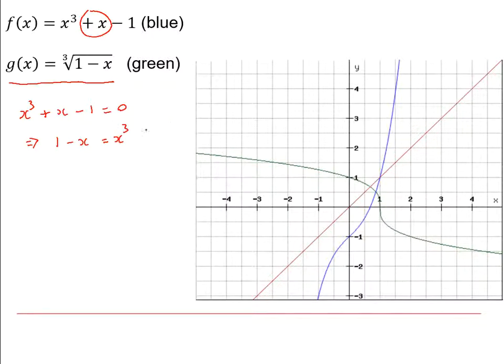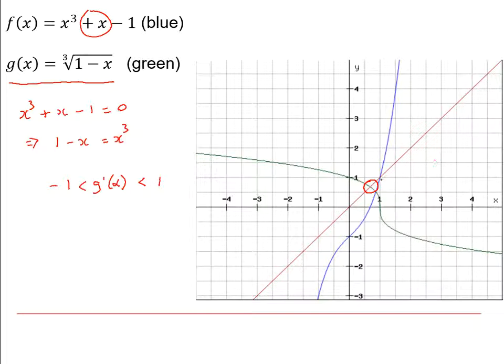And we can see from the graph that g(x) has got a negative gradient at the point of intersection with y = x, and it's negative, but it's not as big in absolute terms as -1. In other words, it's greater than -1, and obviously it's less than 1.